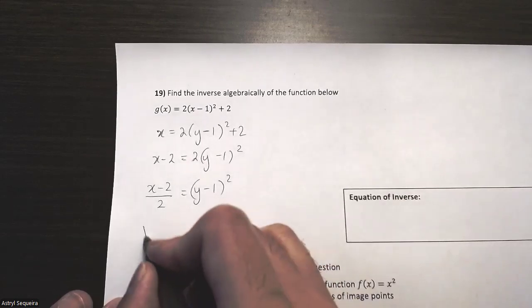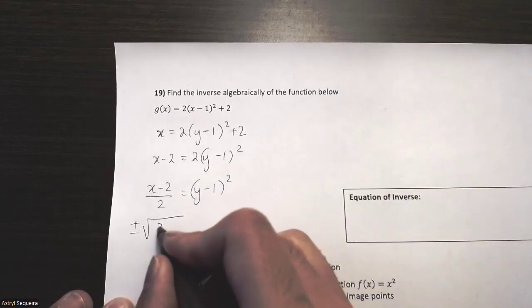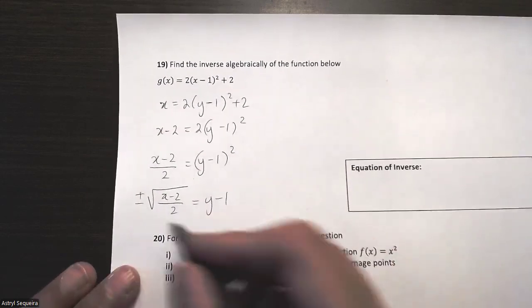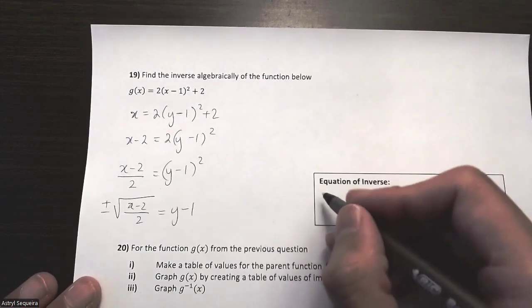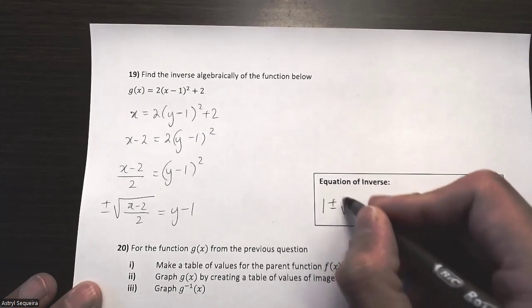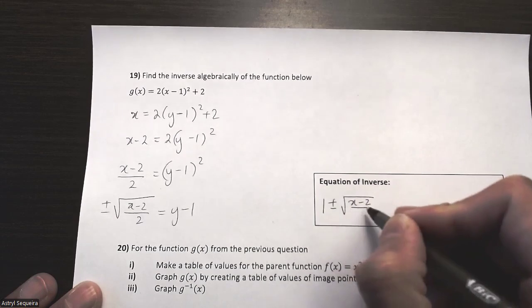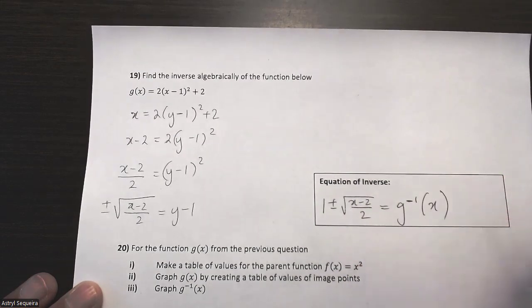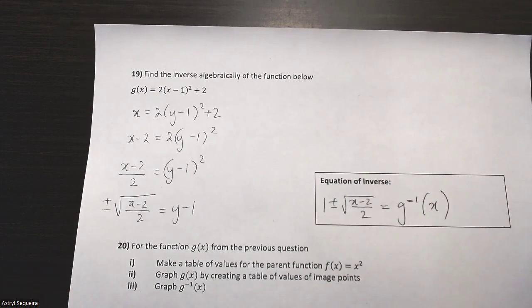Then I will square root, and when I square root, I have to put a plus or minus. And then I'll move the 1 over to the other side. So the inverse equation is just going to be 1 plus or minus root of (x minus 2) over 2 equals g inverse of x.